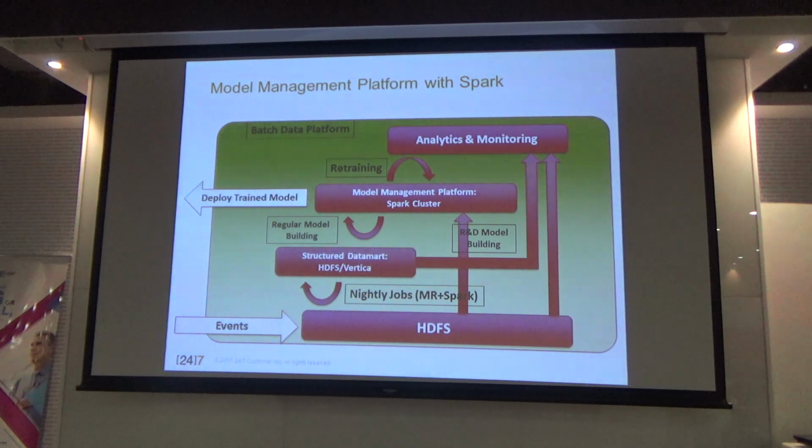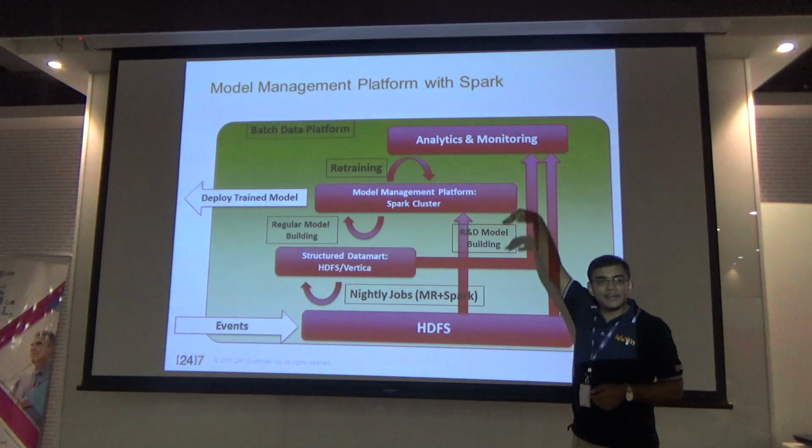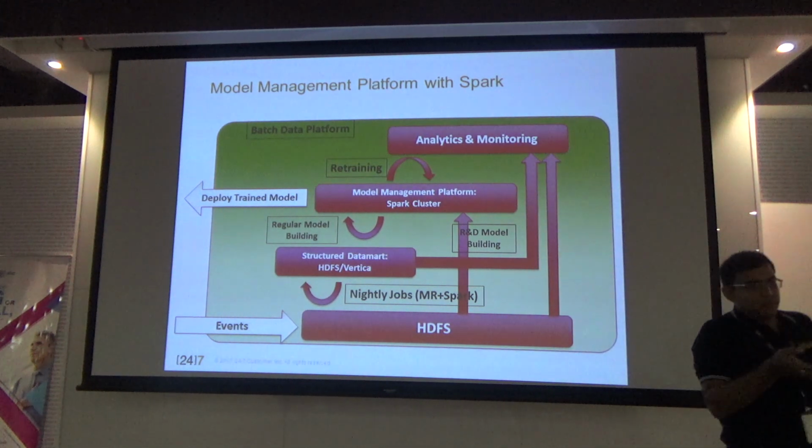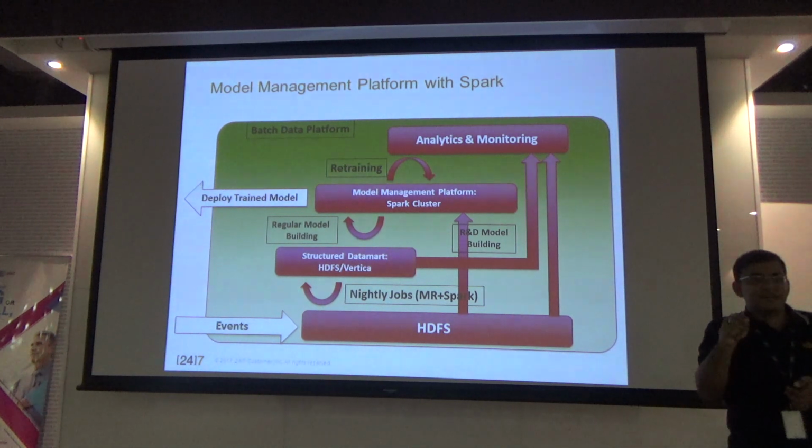Sorry, so Spark takes care of where I should be running the jobs. Right. But when a particular model training should be triggered, how do you... So that is actually coming from the analytics and monitoring side. Like for example, the initial training of a model is a user action, right? Okay, now I'm ready to train a model.